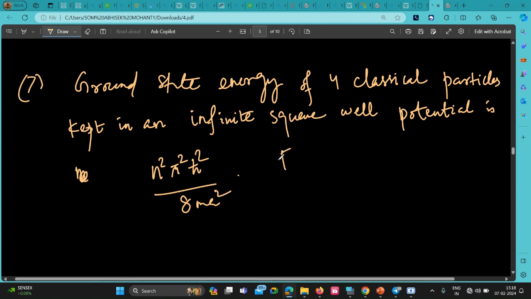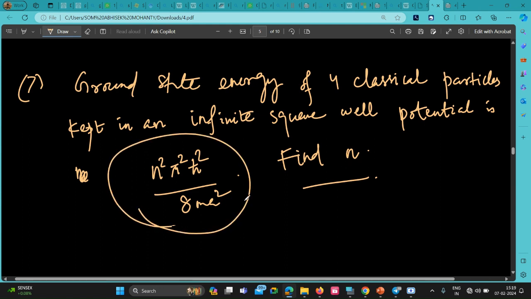So find n. The question: ground state energy of four classical particles kept in an infinite square well potential is this much. Find n.